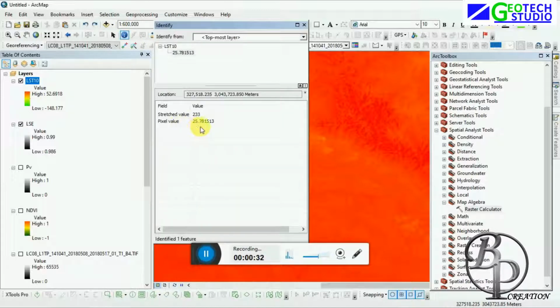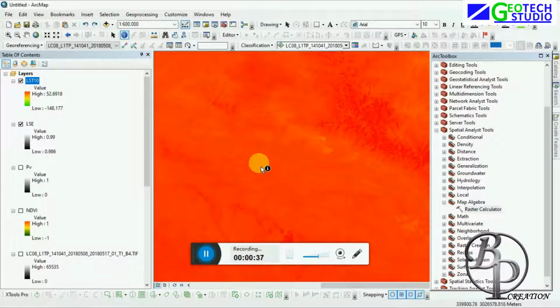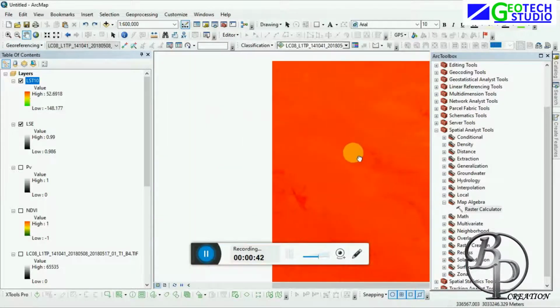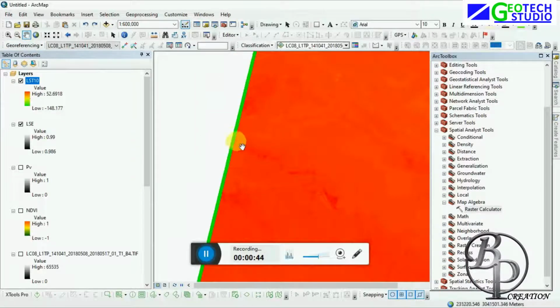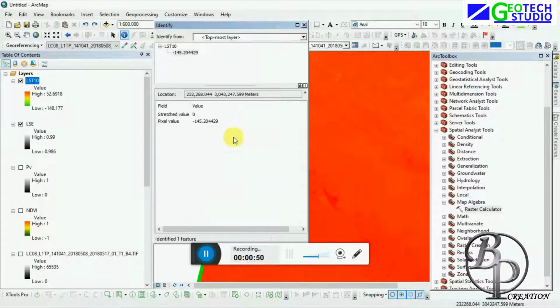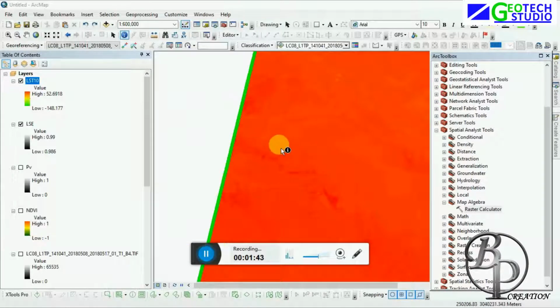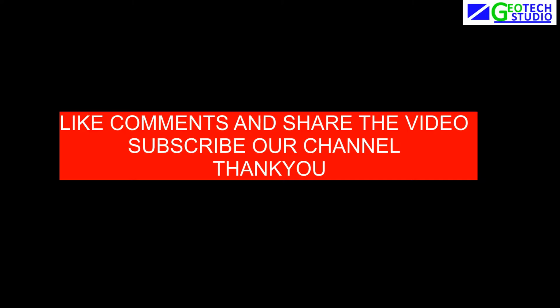We can see the pixel value and see the temperature by putting the cursor on our data. And we can see here our pixel value 145, this low value. We can see we have got our output here, but due to this side boundary we are getting a low value.